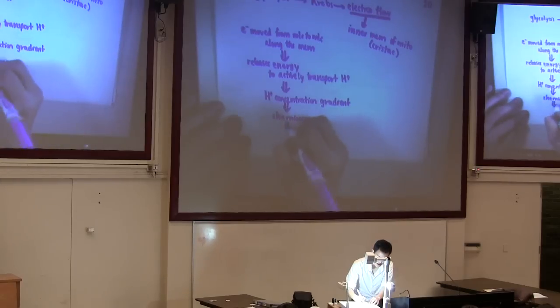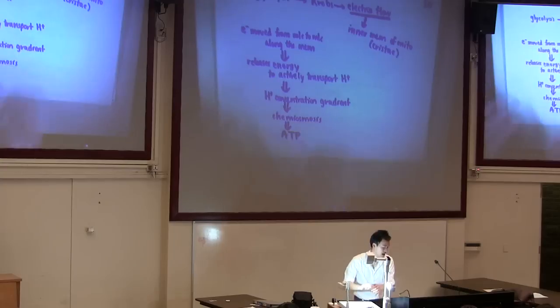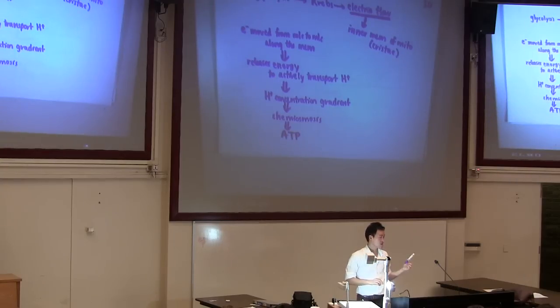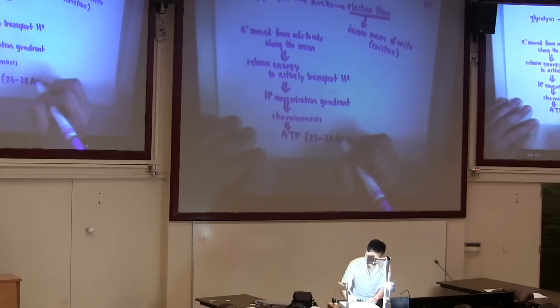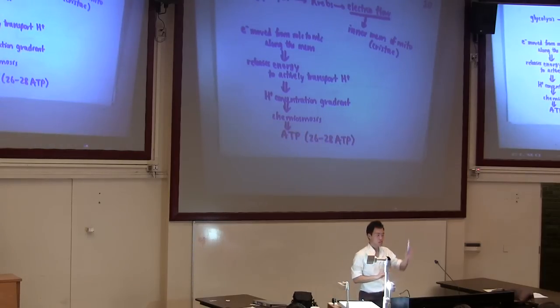And that produces ATP. And it produces a lot of ATP. How much? About 26 or 28 molecules of ATP is produced. So it's moved from molecule to molecule. That energy powers active transport, which produces a concentration gradient that powers chemiosmosis to produce ATP.